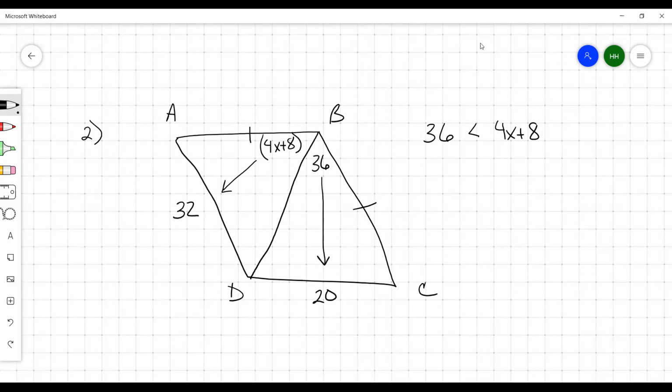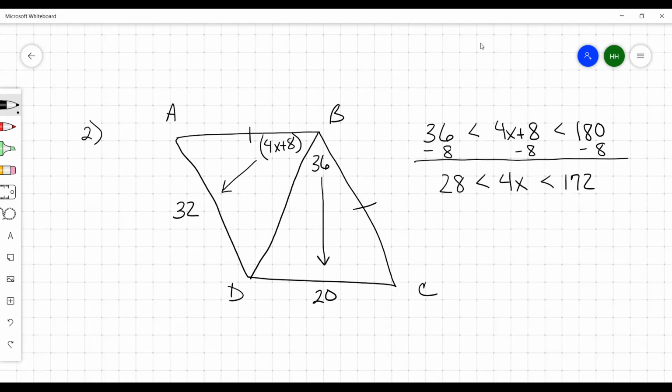But it has to be less than something. And since it's one angle in a triangle, it's got to be less than 180. So there's your setup. You subtract 8 from the left, the middle, and the right. So we get 28 is less than 4x, which is less than 172.